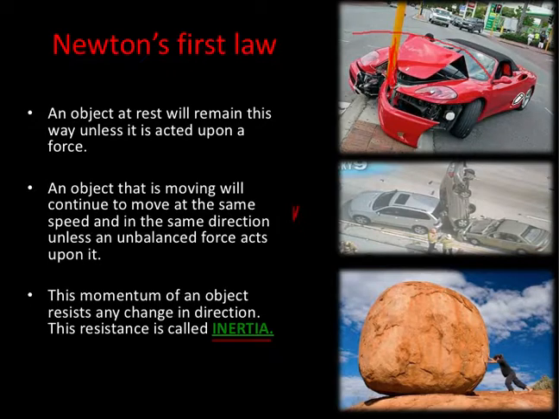And so this is why seatbelts are so vitally important for saving people's lives. They act as the external force stopping people from continuing their movement in the case of a car accident due to their inertia.